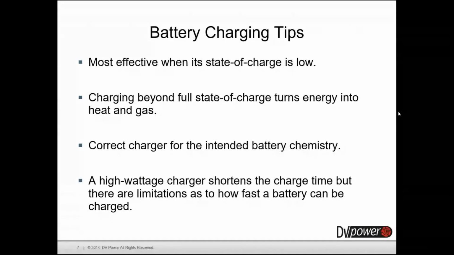Now we will go through some battery charging tips that apply to every battery chemistry. First one is that charging a battery is most effective when the state of charge is low. So charge acceptance decreases when the battery reaches, say, a state of charge of 70% and higher. A fully charged battery can no longer convert electrical energy into chemical energy, and the charge must be lowered to trickle or terminated.